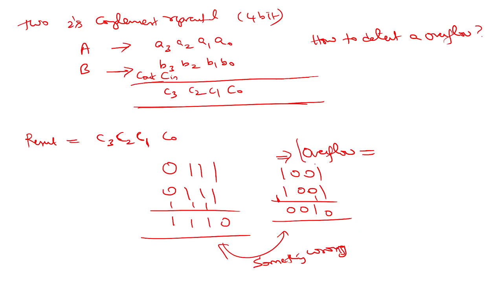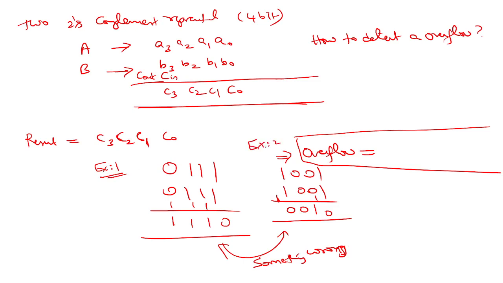Now I am trying to find the Boolean expression for overflow, how to detect overflow. This is a 2-mark question, and many times it keeps coming up. You need to look at this carefully. Let's say this is example 1 and this is example 2.